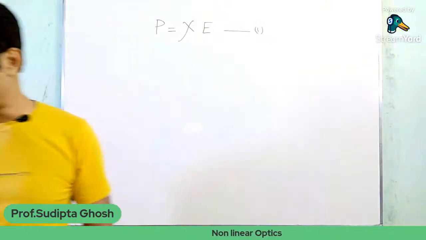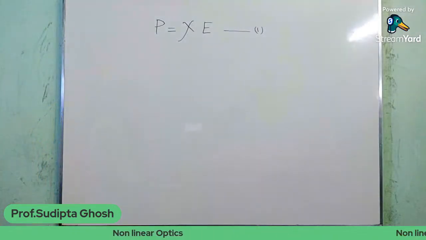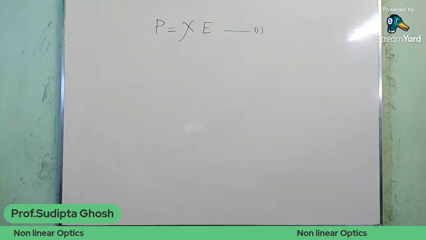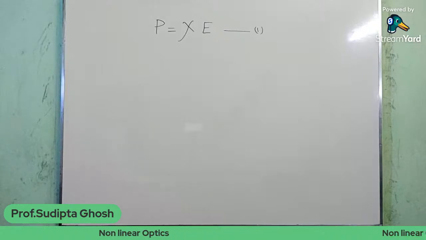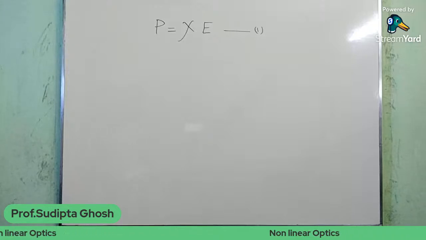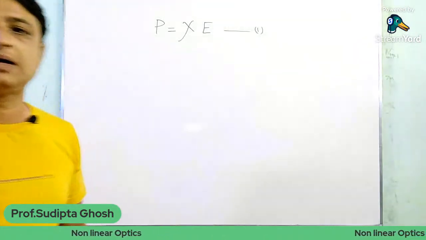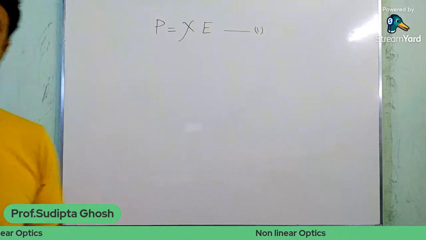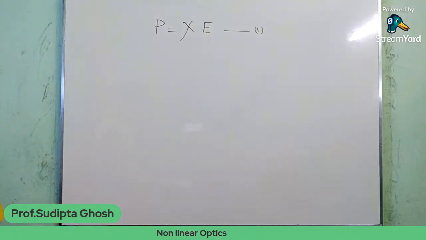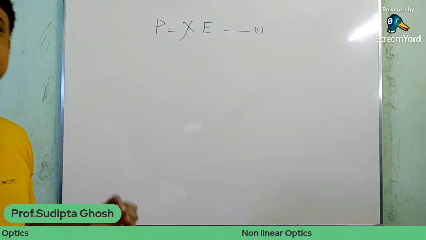Now after the invention of the laser, that is after the year 1960, the respective field intensity capital E is raised to the order of 10 to the power 8 to 10 to the power 10 volts per centimeter, and that becomes comparable to the field acting on the domain of the atoms in the metal.